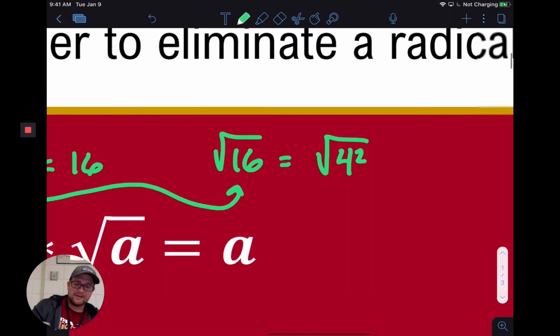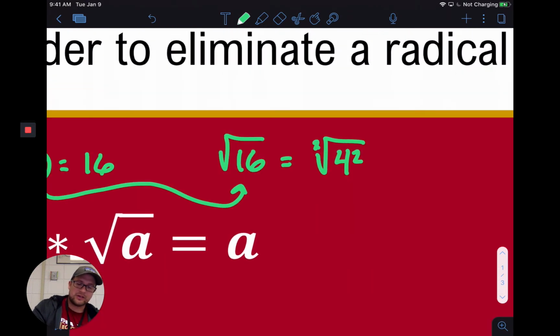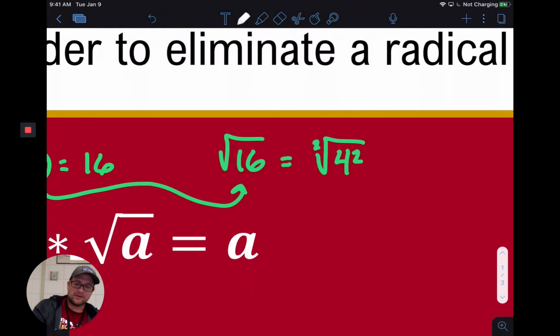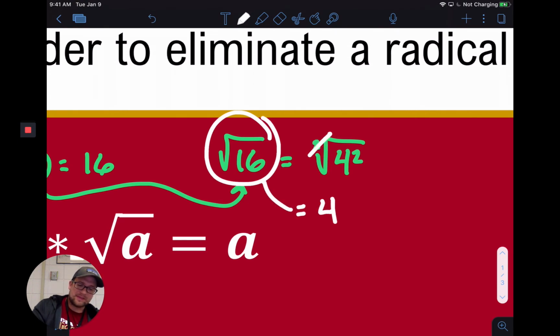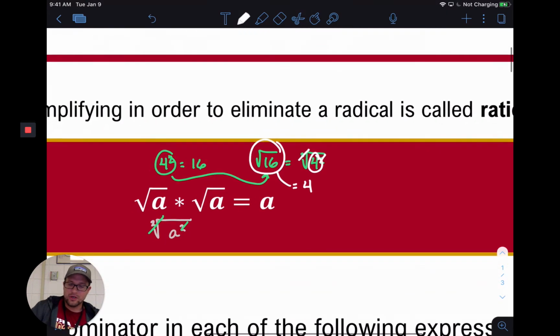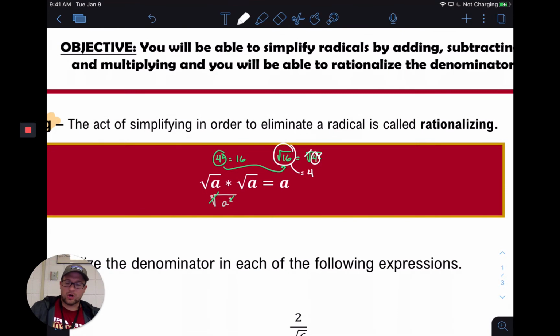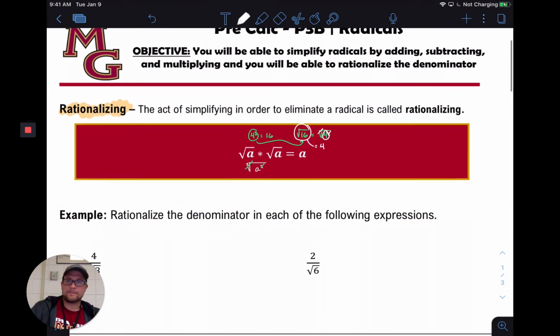Again, since there is no index on this, we can assume that our index is 2. The square root of 16 is really equal to 4. So that means this square root and this squared must actually cancel each other out, and we're really just left with whatever is inside. We're going to utilize that fact today in order to do what we call rationalizing the denominator.